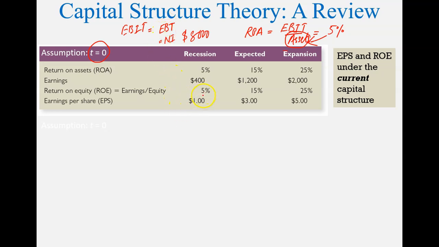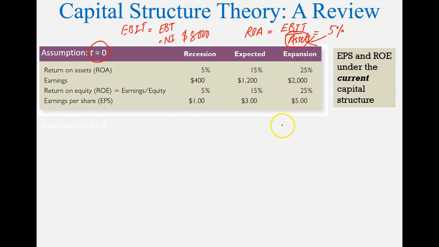And if somebody asks you what is going to be the return on equity, well, in this case, return on equity will also be the return on assets, because net income over assets is the same as EBIT over assets. And assets, by the way, all assets are funded with equity.